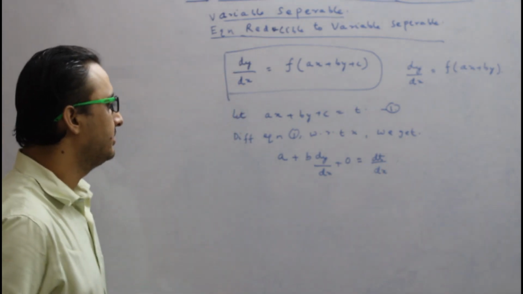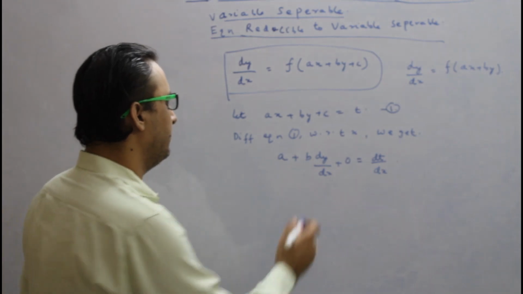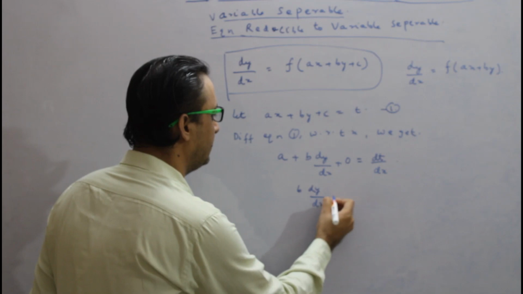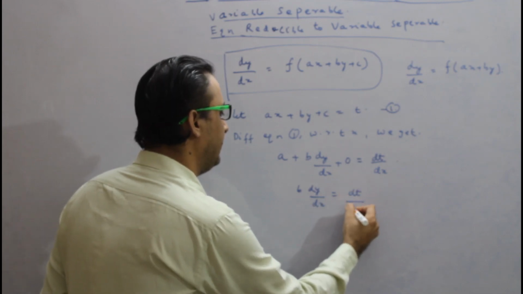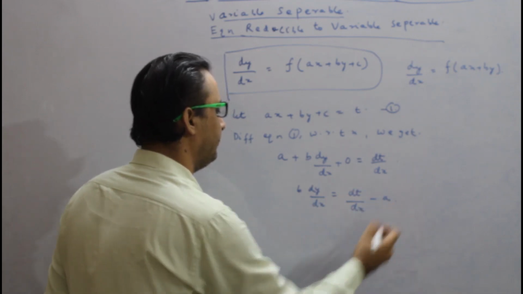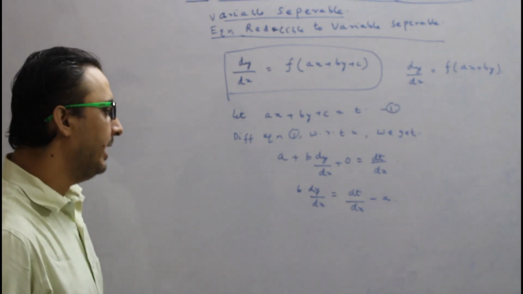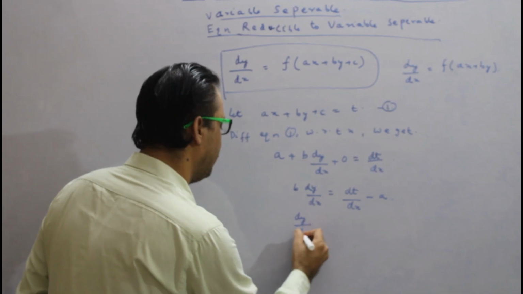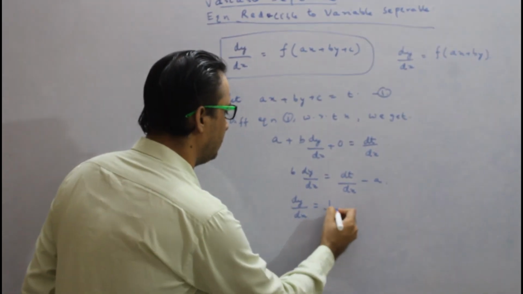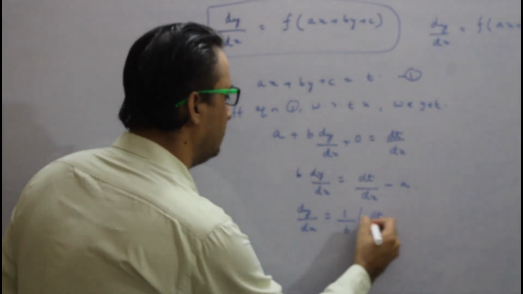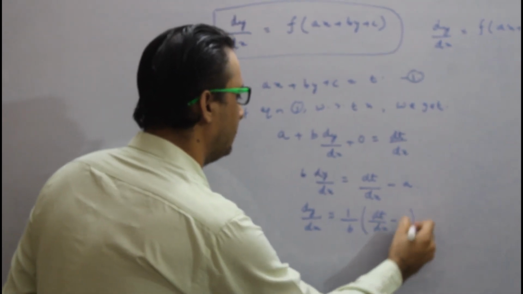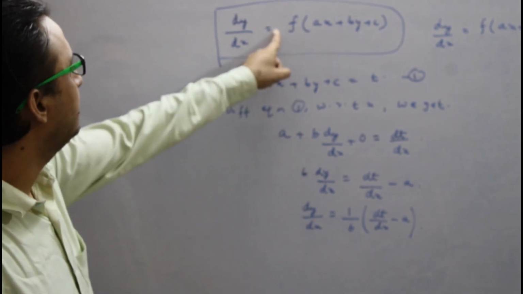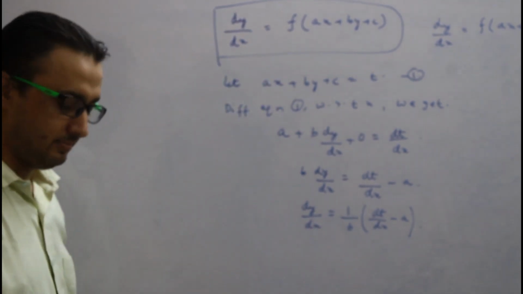Alright. So, from here we can write b dy by dx is equal to dt by dx minus a. And we will get the value of dy by dx, that is equal to 1 by b times dt by dx minus a. Now we are going to put this dy by dx into our original equation.